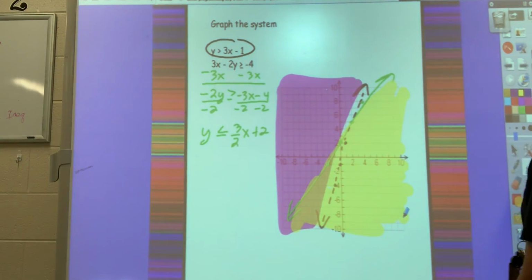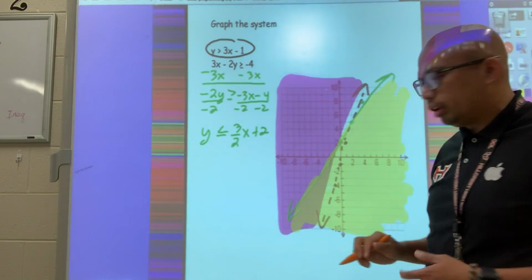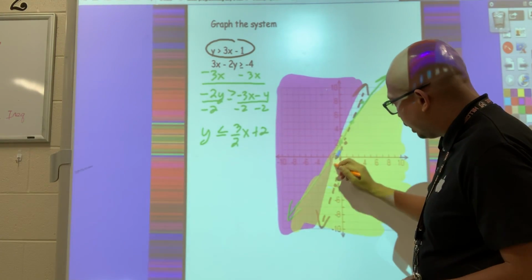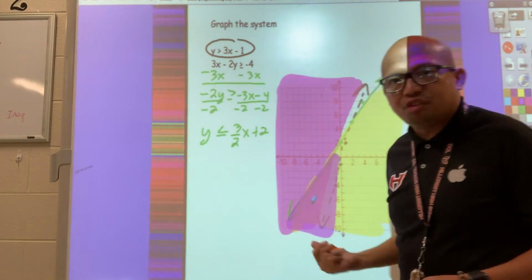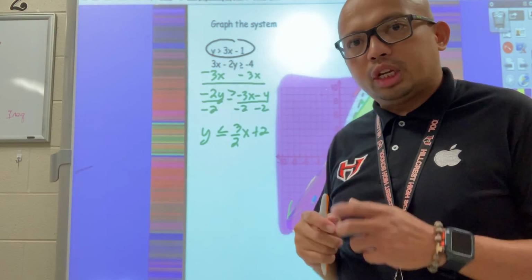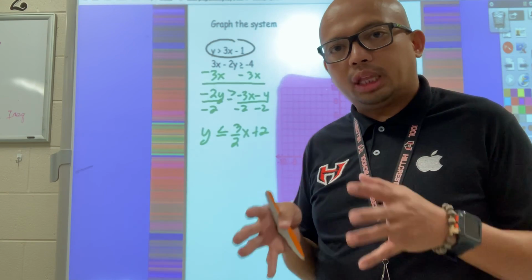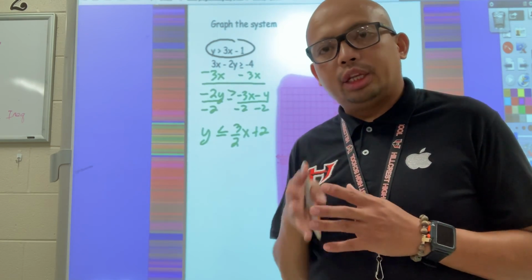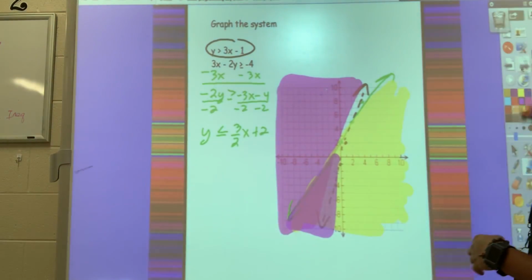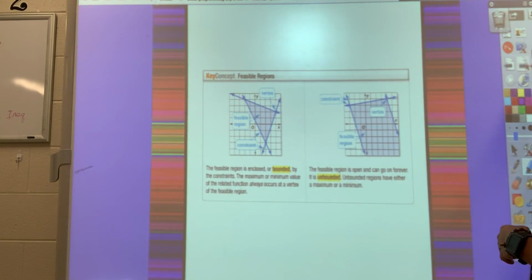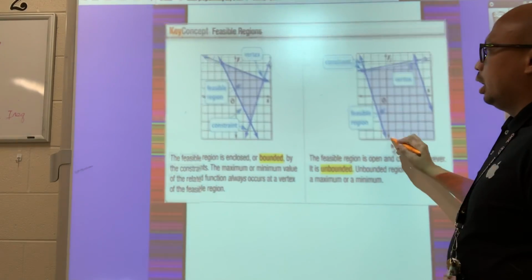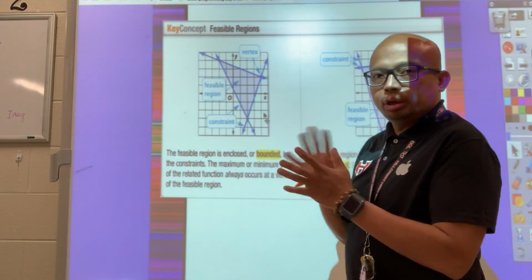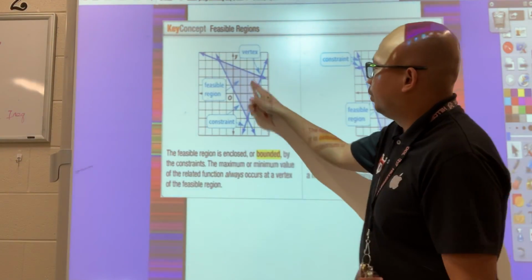In this case, the solution is where the yellow and the pink overlap, which is somewhere right here. And we can say that's our feasible region. The feasible region is where the possible answers are that we can use in linear programming. So there you go. Okay, let's look at this one here. The shaded portion where the solution is is where we're going to have our feasible region.